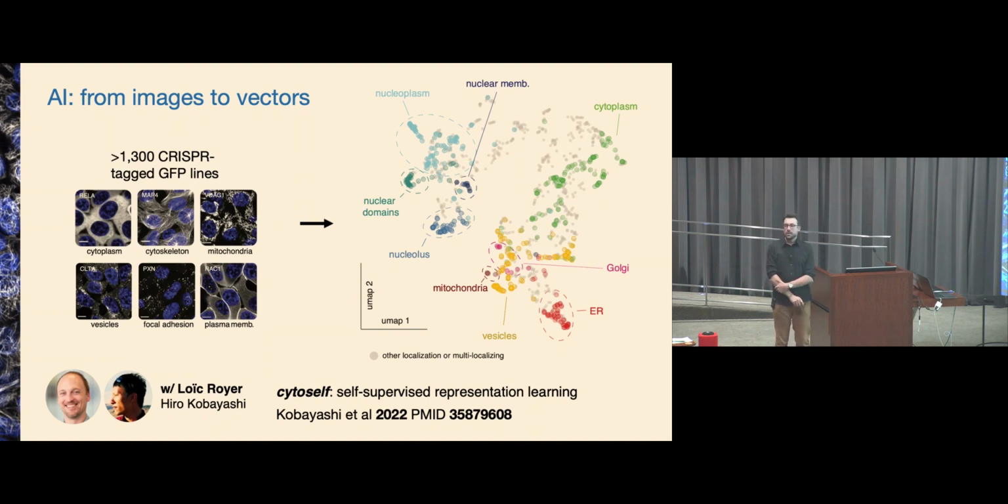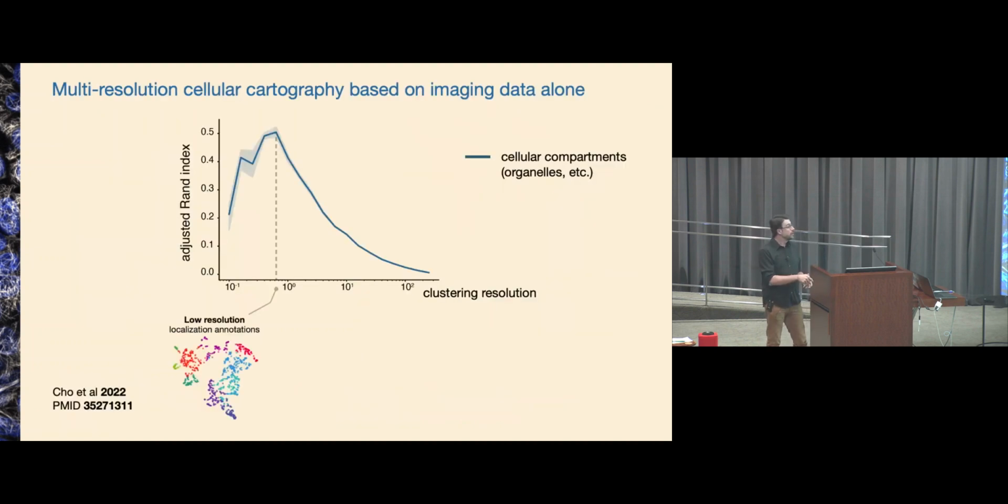So I'm showing you here the result of a clustering that we did in latent space. Here on the x-axis, we're increasing the resolution of clustering, so we're breaking down the data set into smaller and smaller clusters that group proteins that share finer and finer similarities. And on the y-axis, we're comparing the definition of the clusters with essentially ground truth lists.